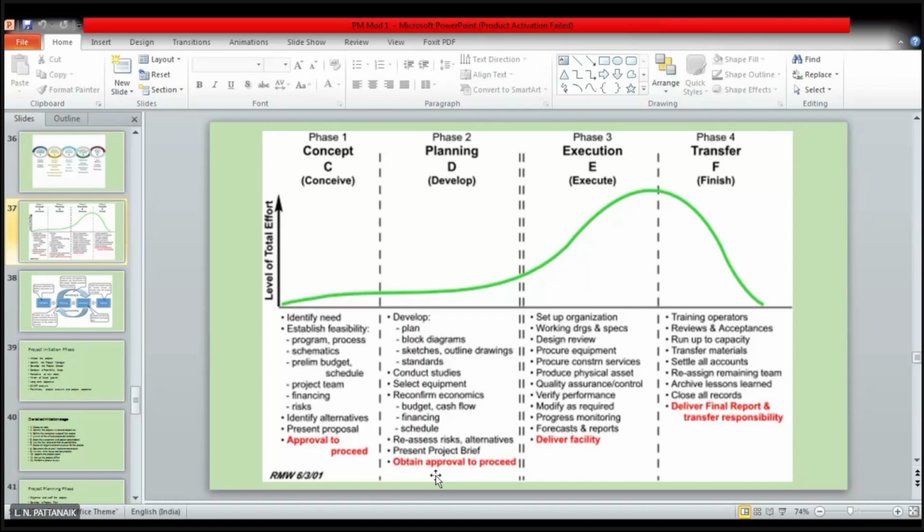Obtain approval to proceed. So after getting the second approval, after the detailed planning stage, then you go to the field for the actual investment. You can see here the graph again tells us that most of the effort is put in during the execution stage and part of the closure stage.